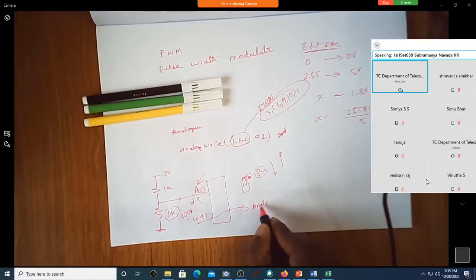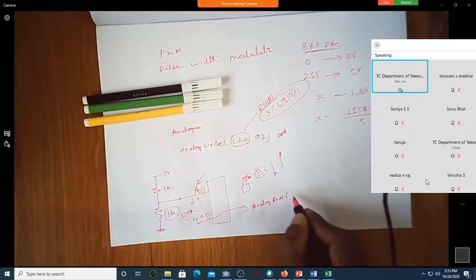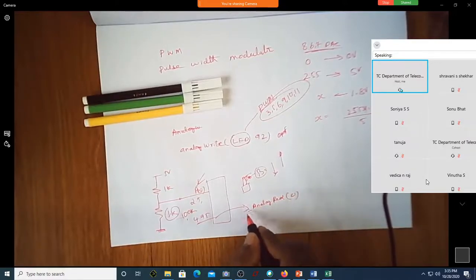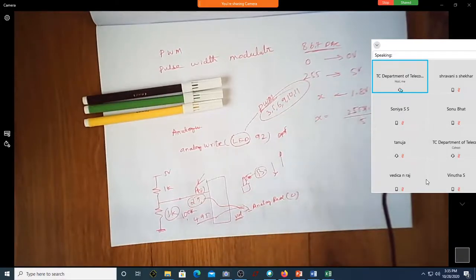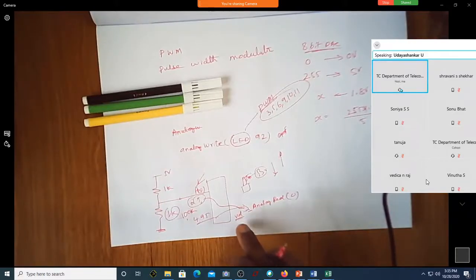What you're doing is analogRead of A0, and you are assigning it to some val. What will the val value be for 2.5? Because getting 15 marks in AMCD, I'll not simply give it, so I'm asking for a deeper understanding.